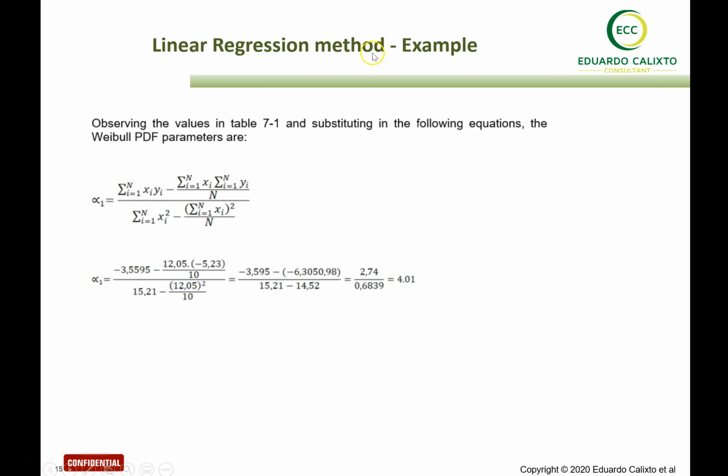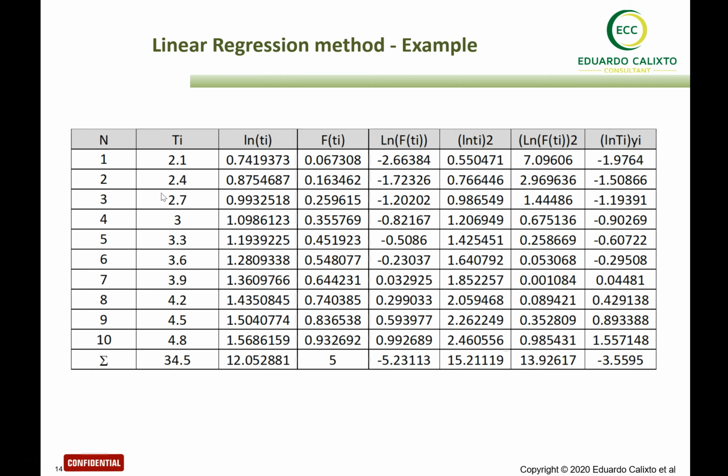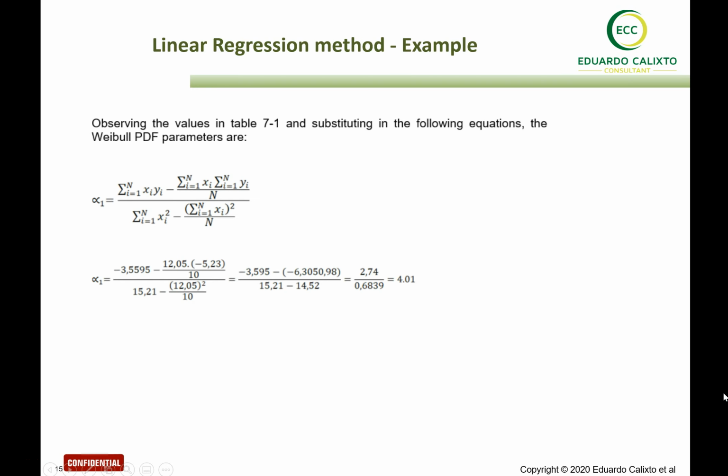So by using the terms that we had before, such as alpha 1, and using all the summations that we have here, summation of x, summation of y, summation of x multiplied by y, already defined here in this table, the summation of this line here. Is that what we've got in this equation? Then in the end, we've got the value of alpha 1.